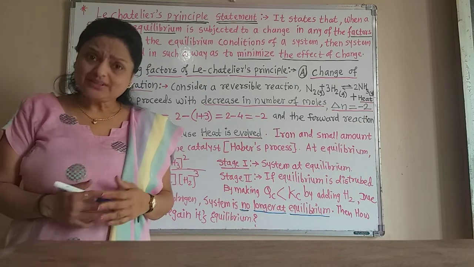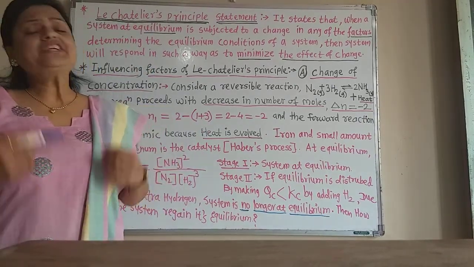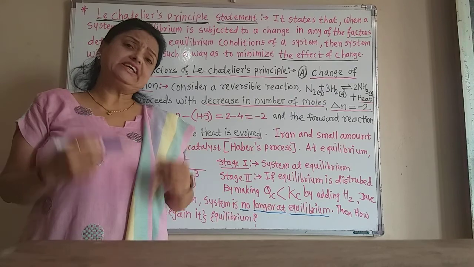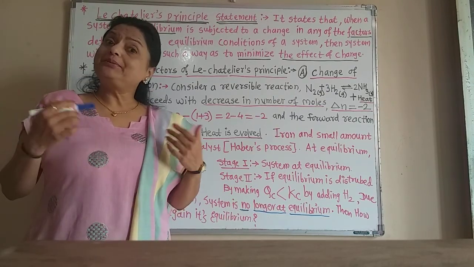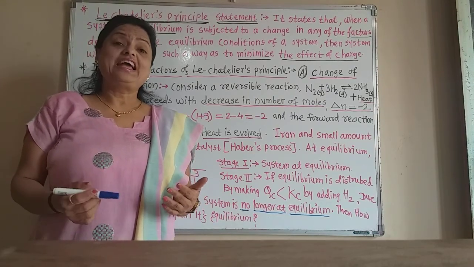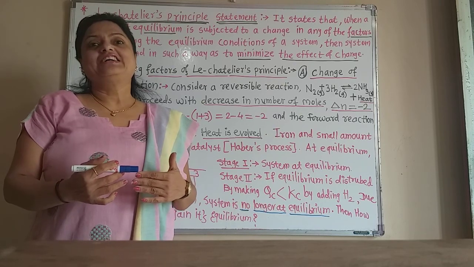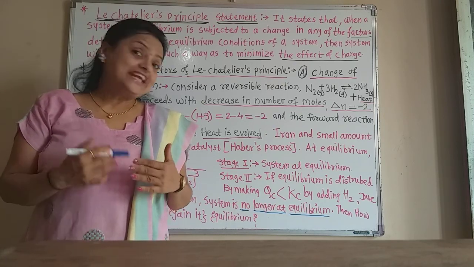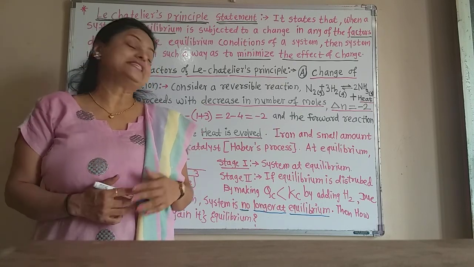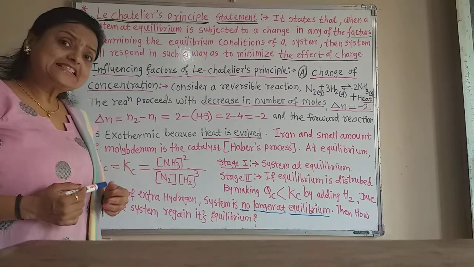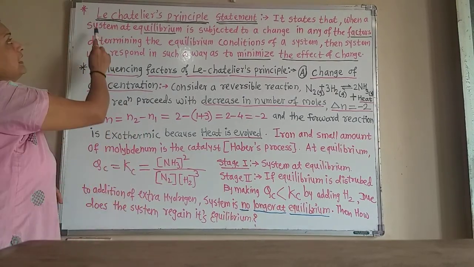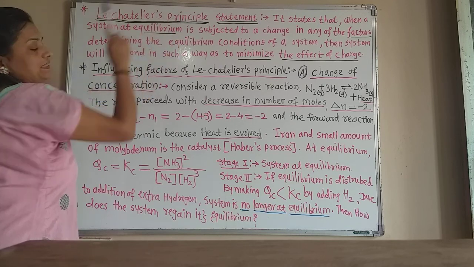That means any change during equilibrium can be nullified by the reaction and it again regains the equilibrium state. Now that is Le Chatelier's principle. Now let us learn the statement of Le Chatelier's principle.